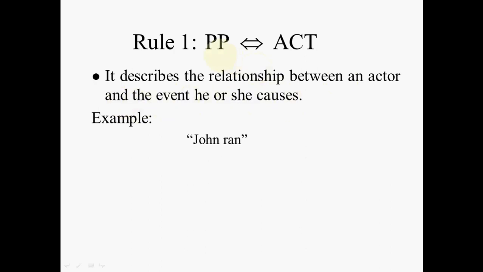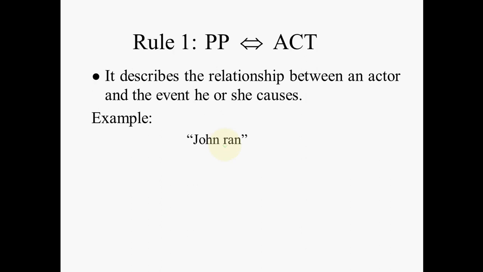It's a rule which is used to describe the relationship between an actor and the action that he or she does. Example: John ran. When you say run, it is movement of an object from one place to another.